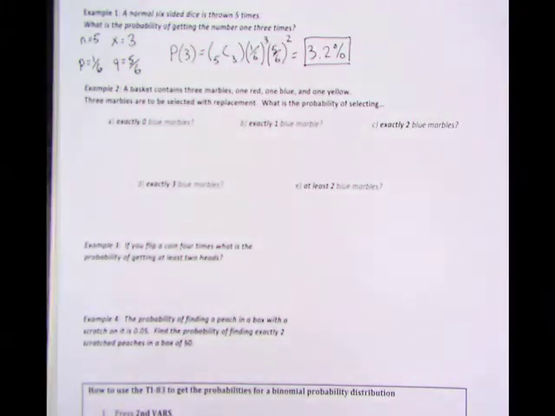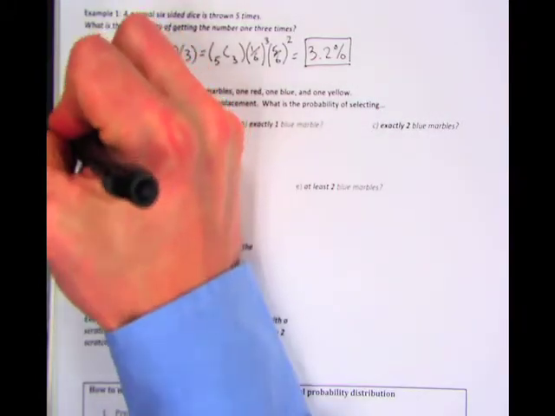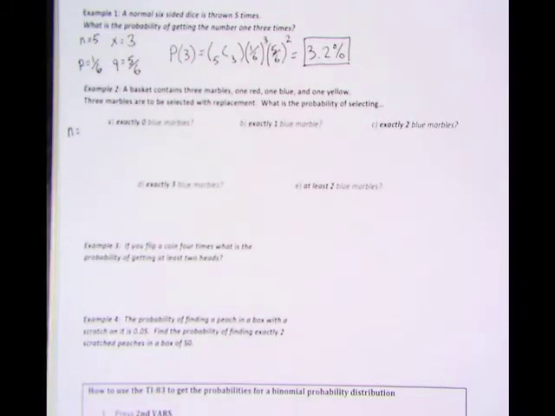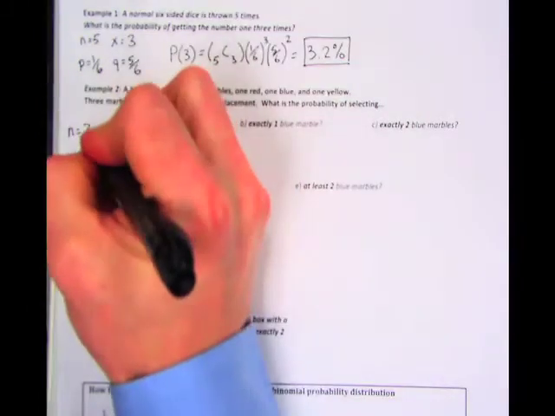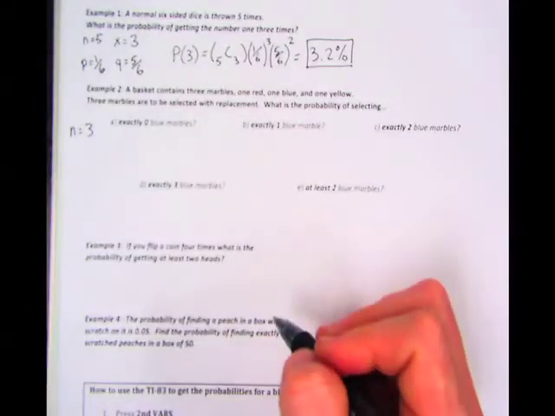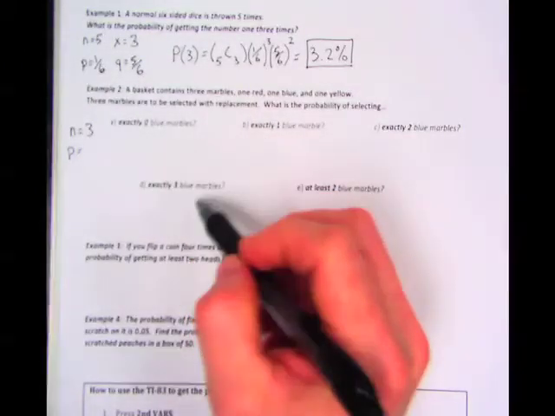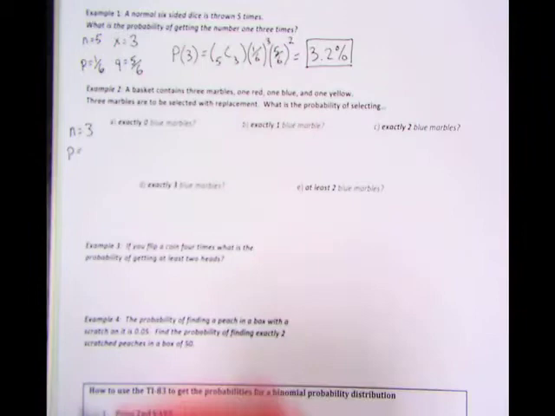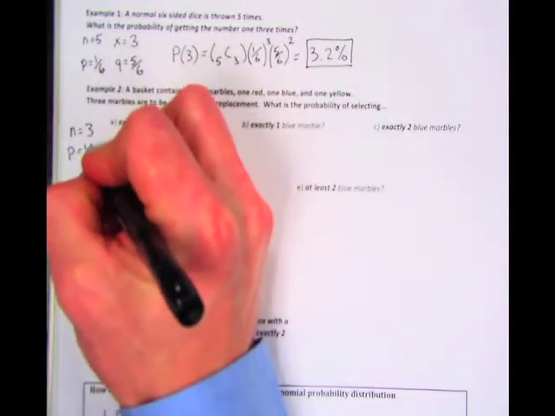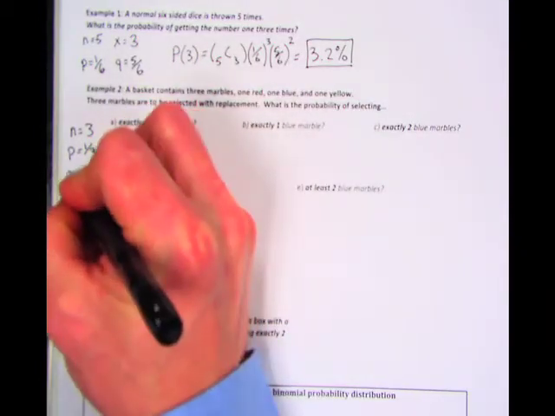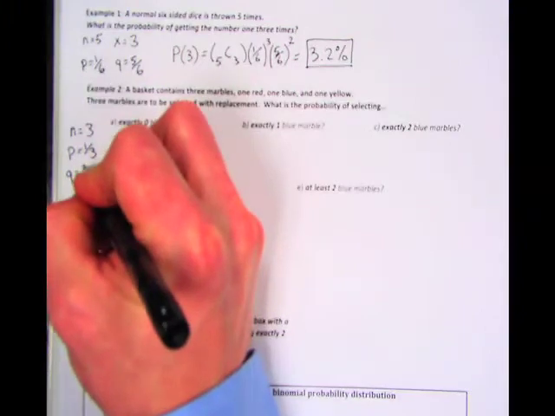Well, first off, just based on the problem, n is going to be our number of trials, so that's going to be 3 for all of these questions. The probability of success, well, we're looking for blue marbles in all of these, so that's going to be 1/3. And the probability of failure then is 2/3.